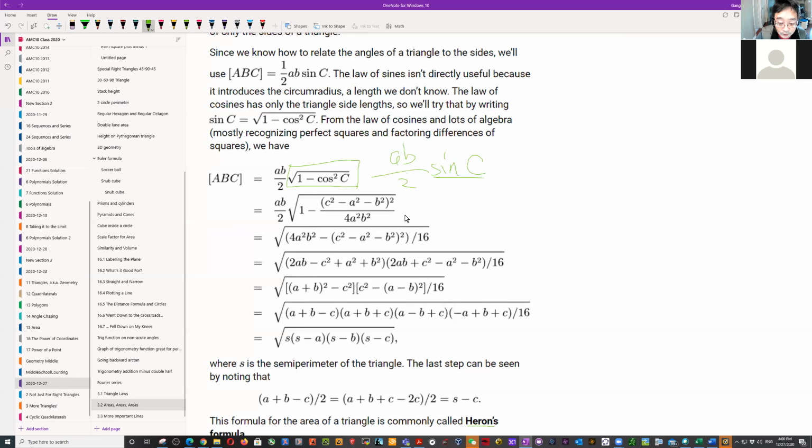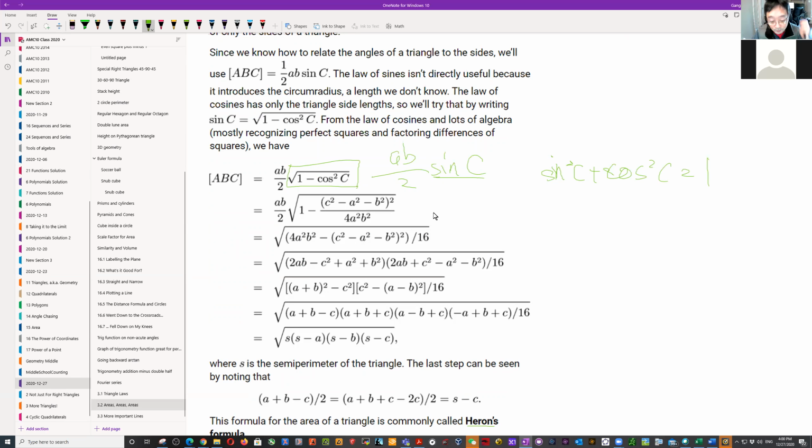Because sine squared C plus cosine squared C equals 1, if we replace this using the identity, we will get the cosine.